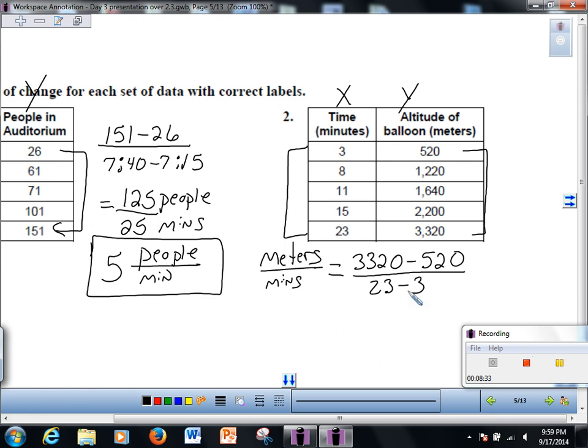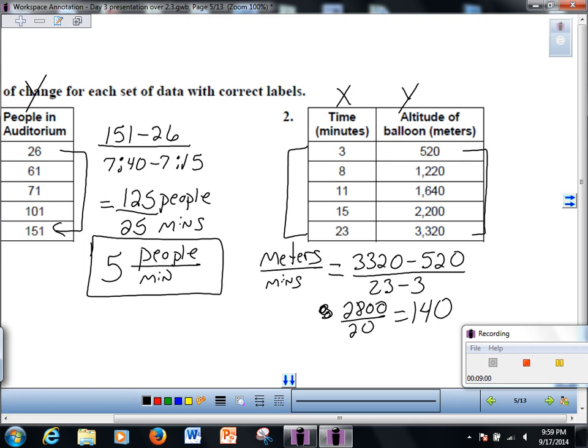If you simplify this, 3,320 minus 520, you're going to get 2,800. So I've got 2,800 over 20. If you simplify that, you're going to get 140. But 140 is not the correct answer. It's a piece of the answer.